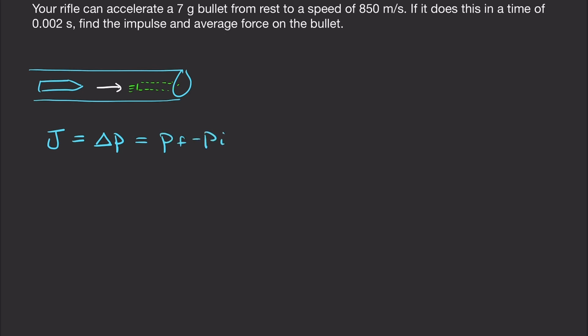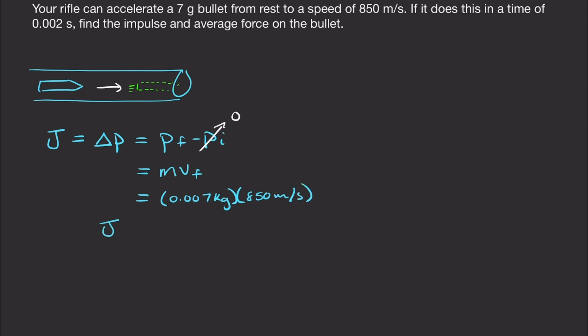The initial momentum of the bullet is 0 since it's not moving. So the change in momentum is just equal to the final momentum, or the mass of the bullet times the final velocity of the bullet, which in this case is 0.007 kilograms for 7 grams, and it's going to be going 850 meters per second.